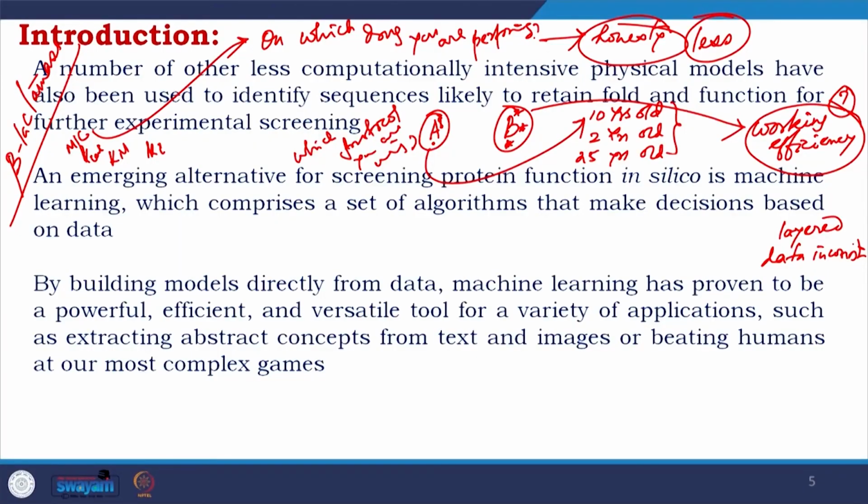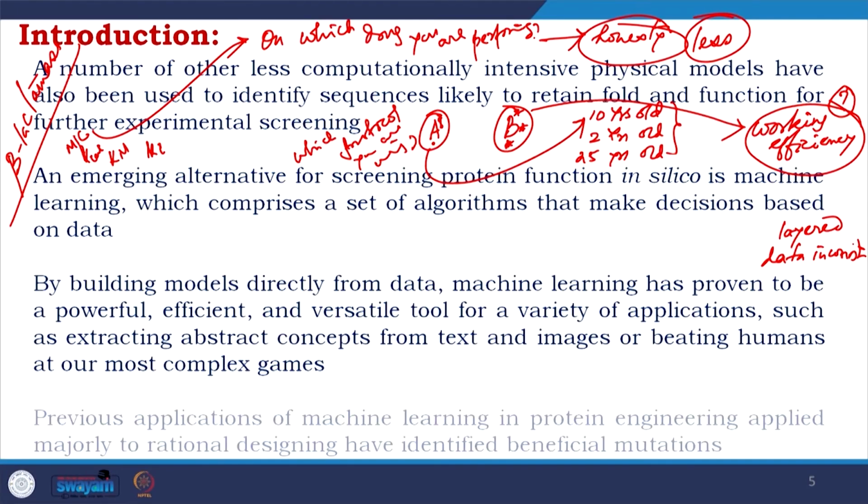So, let us see the process. By building models directly from data, machine learning has proven to be a powerful, efficient and versatile tool for a variety of applications, such as extracting abstract concepts from text and images or beating humans at our most complex games.